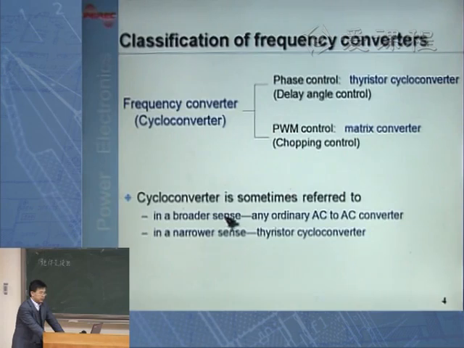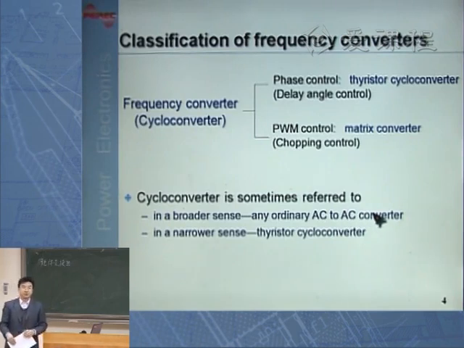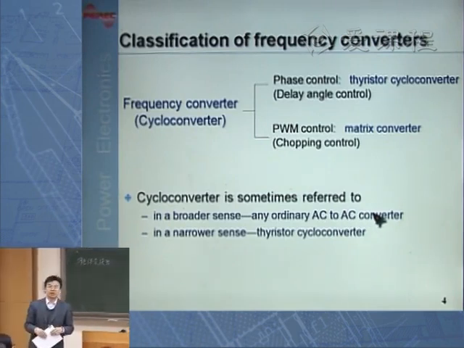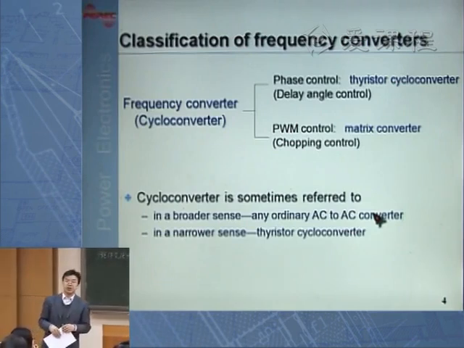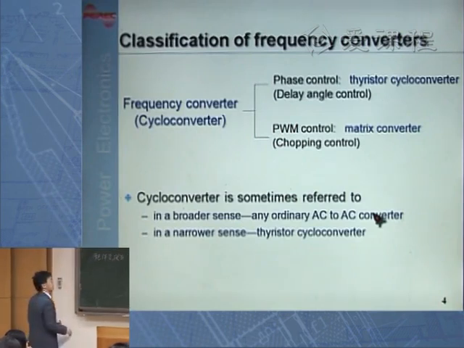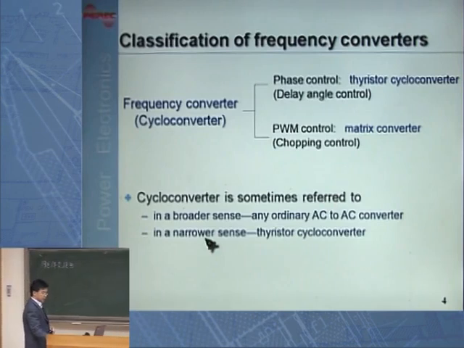Sometimes for any ordinary AC to AC controller, we can also call that cyclic converter, no matter the output frequency is same as input or not. Some people use that as a general name for all the AC to AC converters. And sometimes some people use that for a narrow sense.